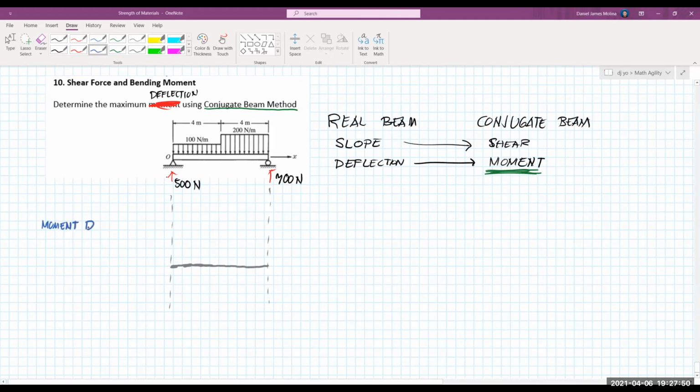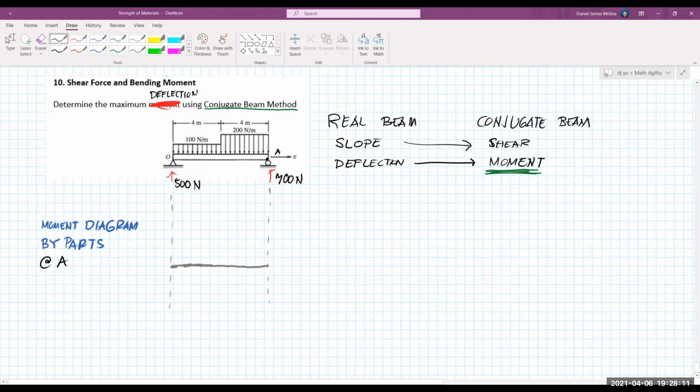Moment diagram by parts. This is drawing the moment diagram for each given loading. Let's have the moment taken at point, let's say this is point A for the leftmost part.